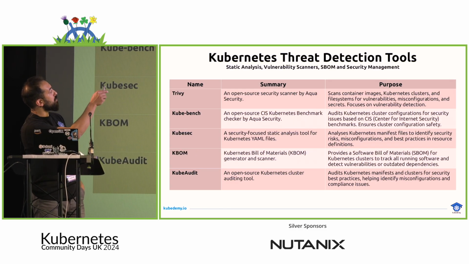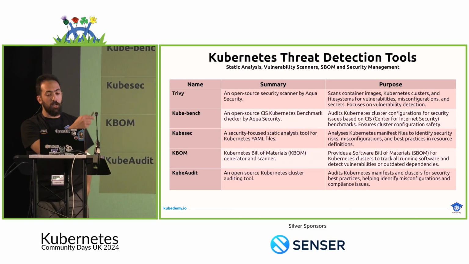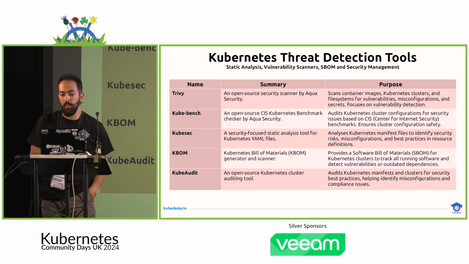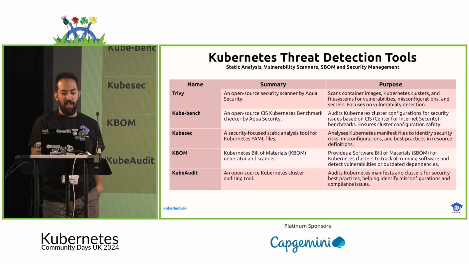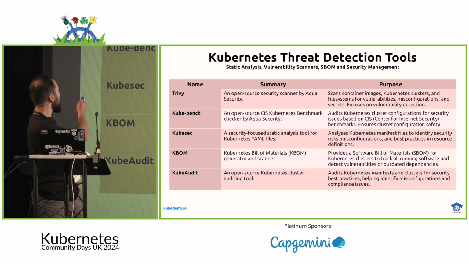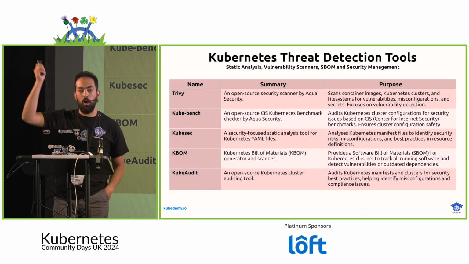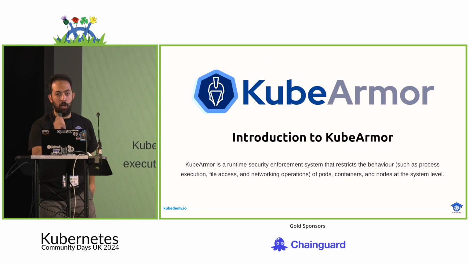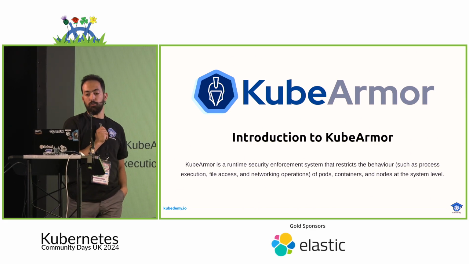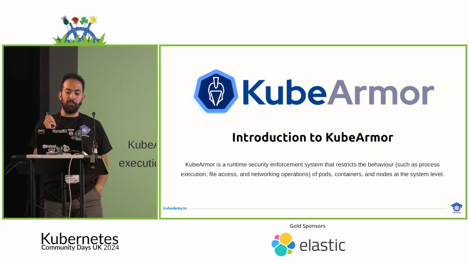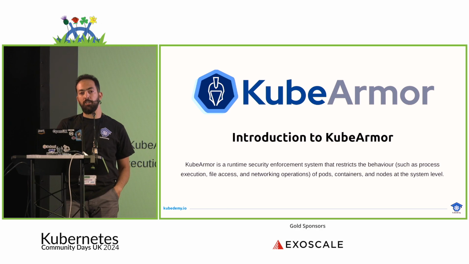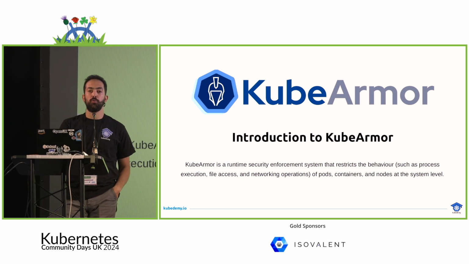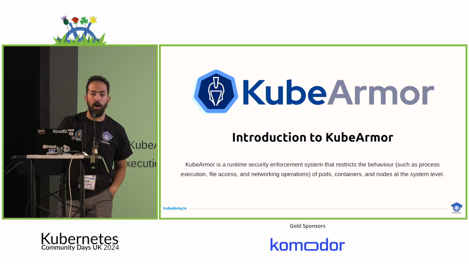And we've got a couple of other tools for static analysis, vulnerability scanners, SBOMs or KBOMs, and security management platforms like Trivy, KubeBench, KubeSec, and a couple of other applications. I'm not going through them, and I just want to go to KubeArmor, which is a CNCF project, and it helps you to define the profiles with ease.